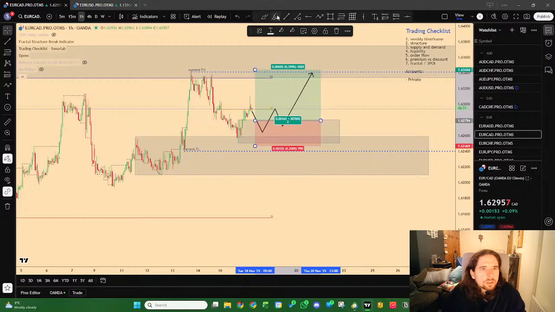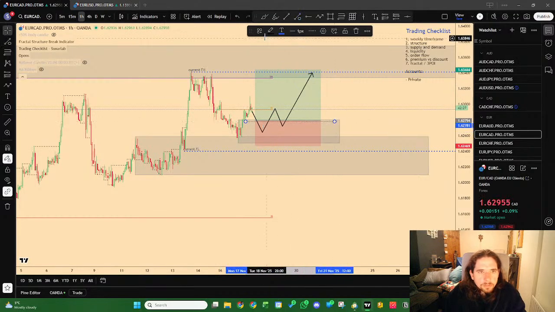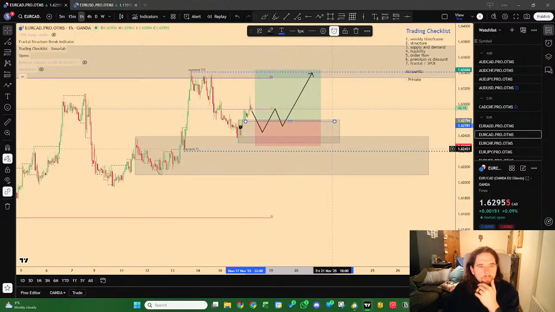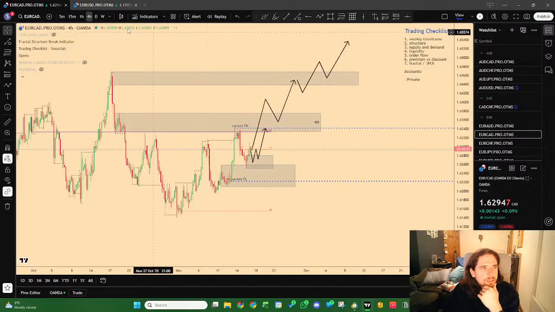So what we could do is put our liquidity and put an alarm on there. Once it breaks there, we can actually go to the 15 minutes and trade that.